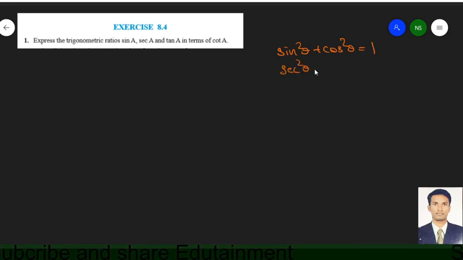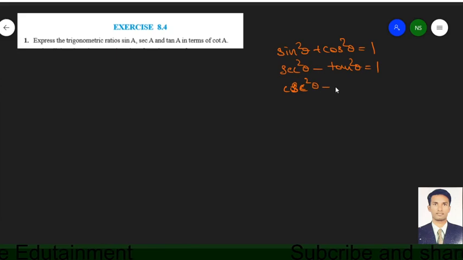Secant square theta minus tan square theta, which is equals to 1. Cosecant square theta minus cot square theta, which is equals to 1. These three we must and should memorize.